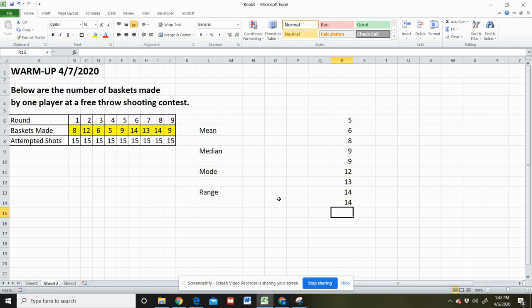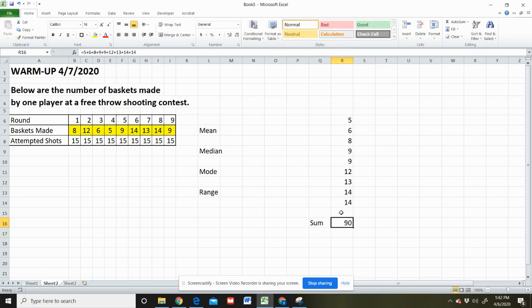When we're doing our mean, we need to take a sum of these numbers. So if I add all these numbers up in the calculator, 5 plus 6 plus 8 plus 9 plus 9 plus 12 plus 13 plus 14 plus 14, I get my sum is 90.